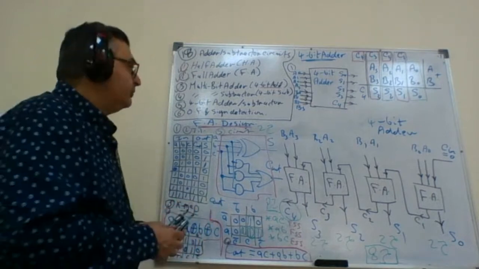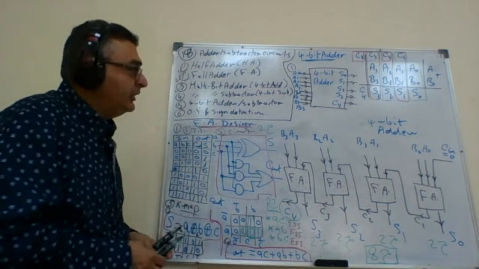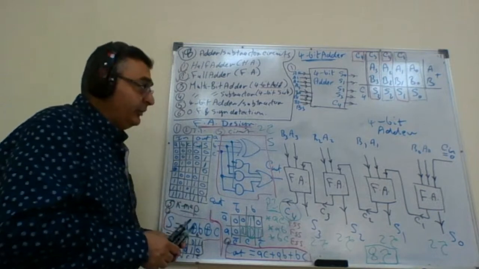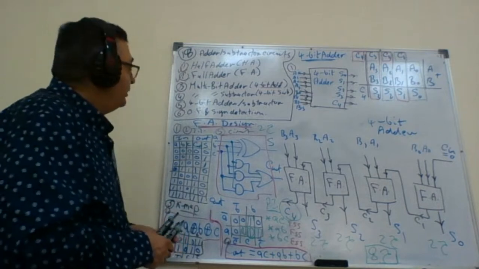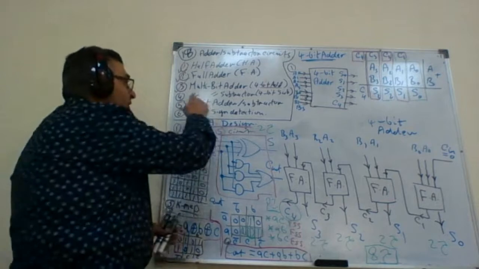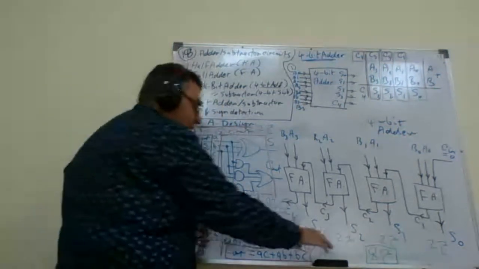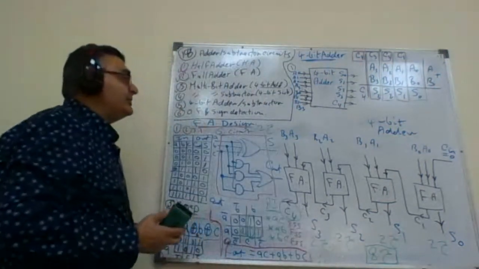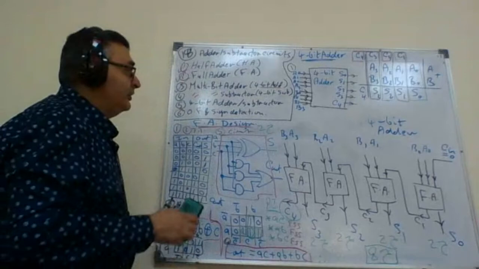So this is actually all what we want to mention about the adder circuit that we have built. Now let's move on to our next item, the adder subtractor circuits. The next circuit that we want to study is the subtractor.